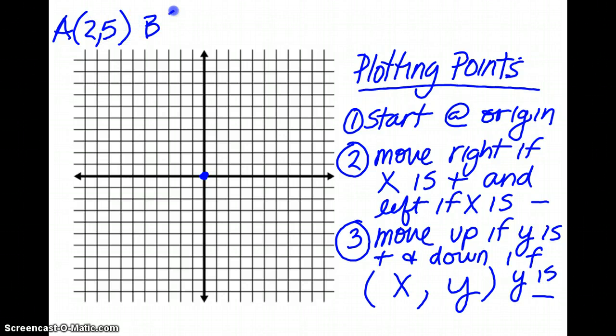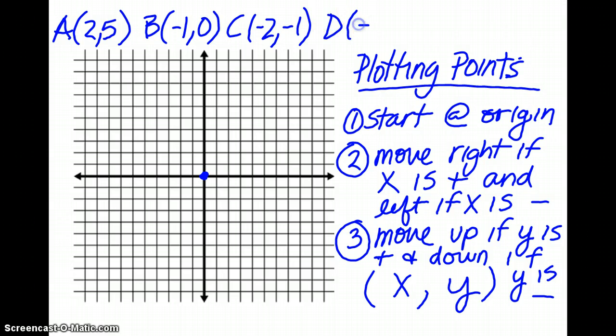Point B is the point -1, 0. Point C is -2, -1. And then finally point D is -5, 3.